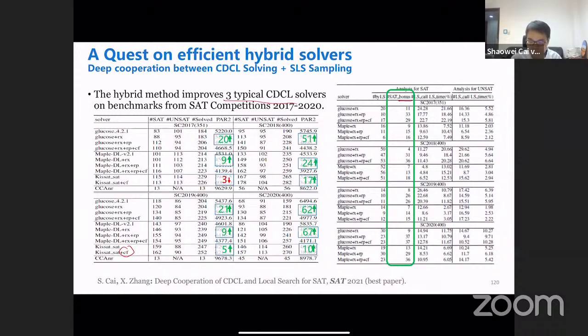They can be solved by the hybrid solvers. So this essentially shows that by using local search information, we can indeed improve CDCL solvers, as we can see from this bonus. And these experiments are carried out on the main track benchmarks. Most of the formulas come from real-world applications.